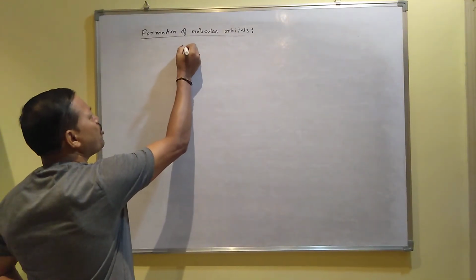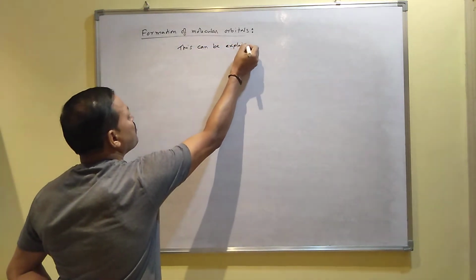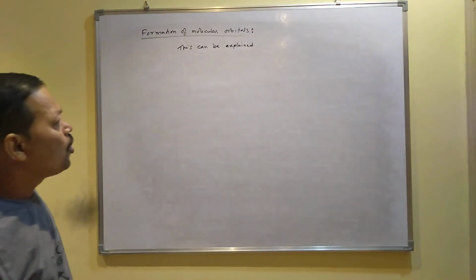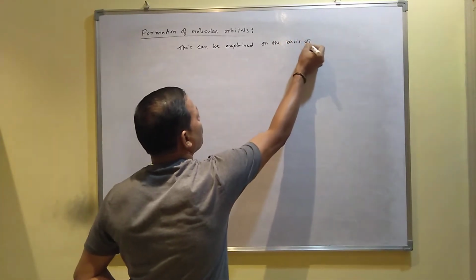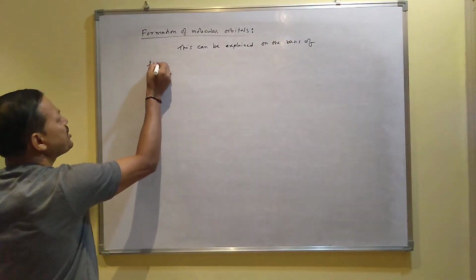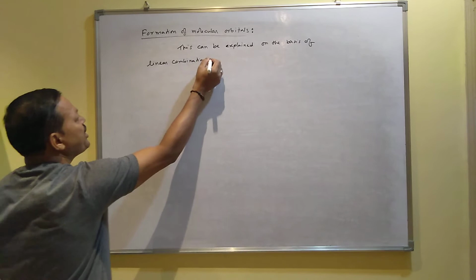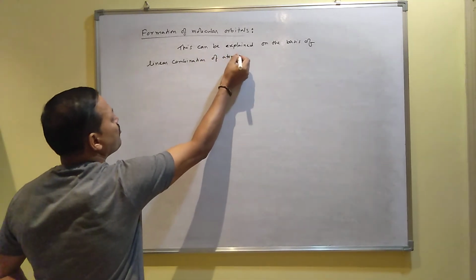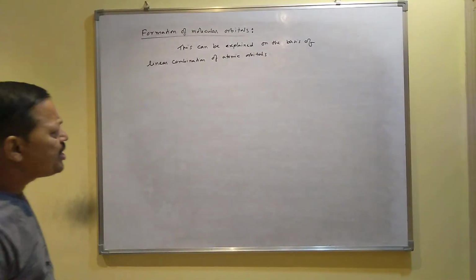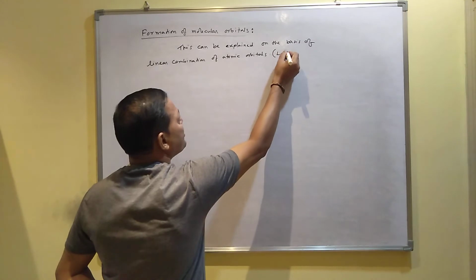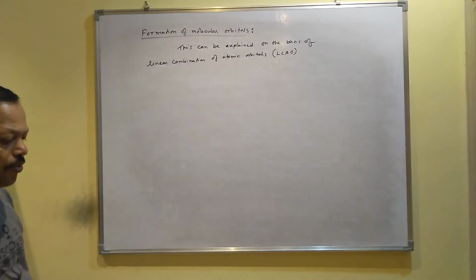This formation of molecular orbitals can be explained on the basis of linear combination of atomic orbitals, in short also called LCAO.